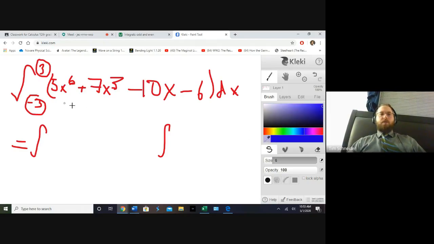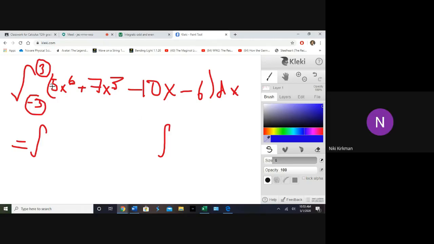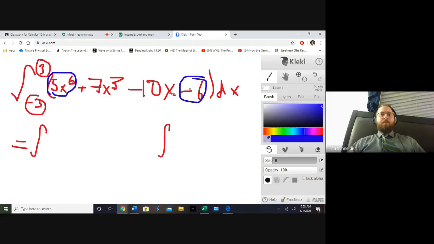So which of these are even powers? The 5x to the 6th and -6. Okay, so 5x to the 6th minus 6 dx. And again, it's from -3 to 3.